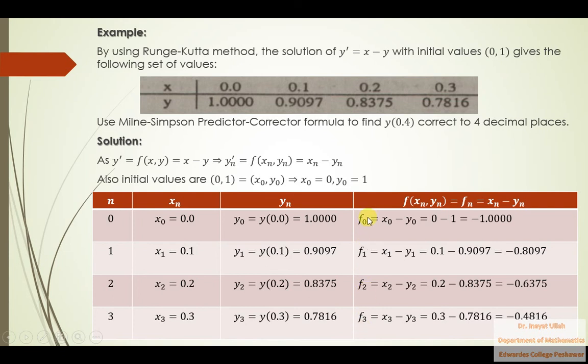So we have obtained all these values of the function. Now we are ready to use a predictor formula to find y of 0.4. y of 0.4 will be the upcoming value, which is actually y4.